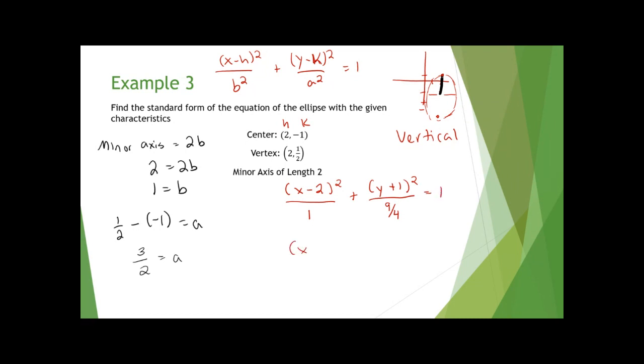And then we can simplify or rewrite this slightly. So it's (x minus 2) squared plus 4 times (y plus 1) squared over 9 equals 1.